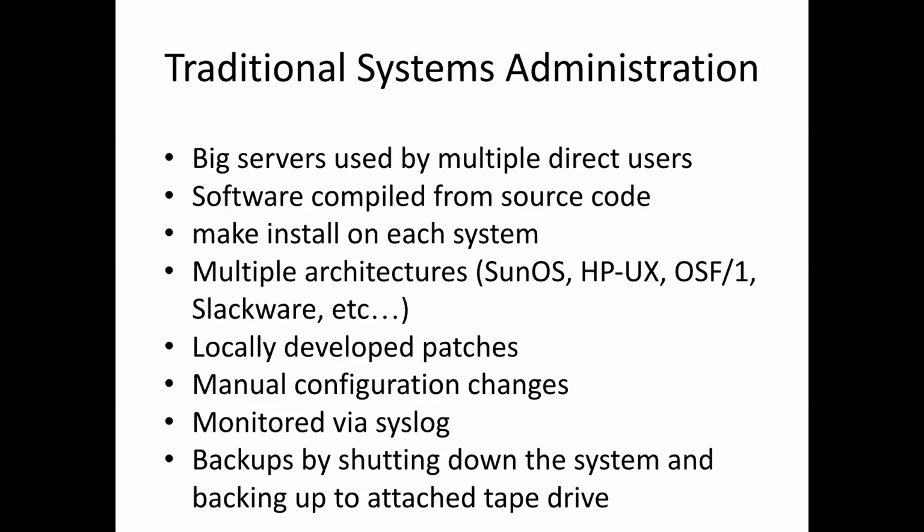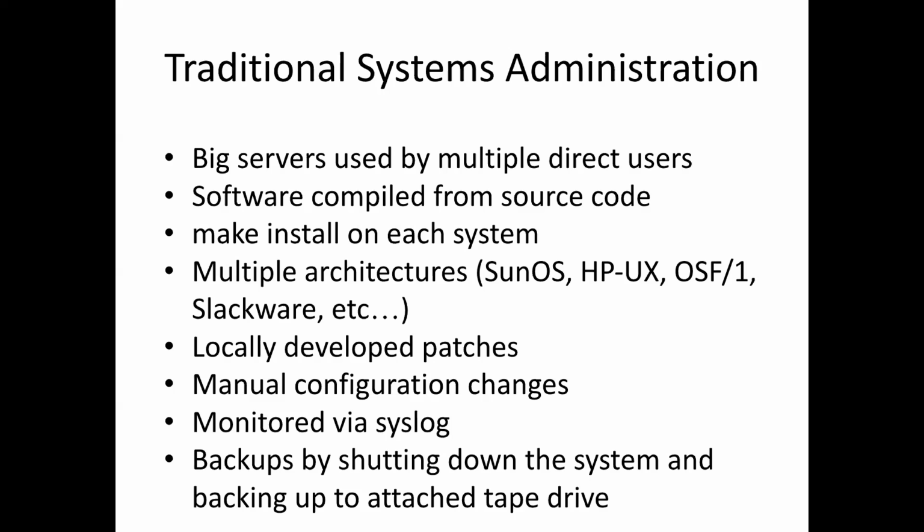Of course, inevitably, what you were trying to compile had not been compiled on your architecture before. So you wound up having to go into the source code and patch it to make it work. And then you would typically go to each server individually and do a make install there. You could maybe tarball some binaries around if it was easy enough.